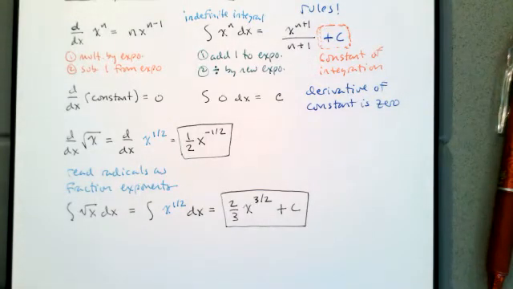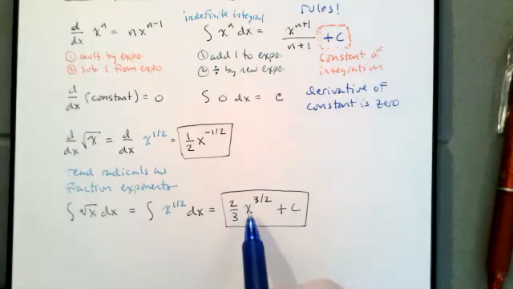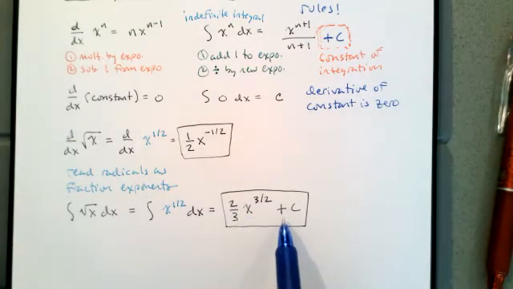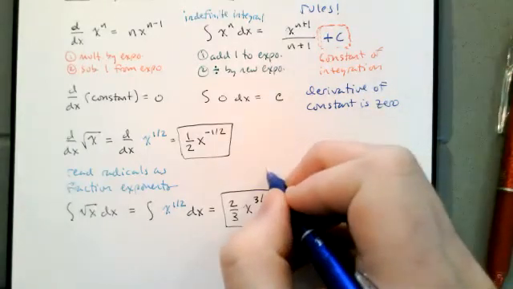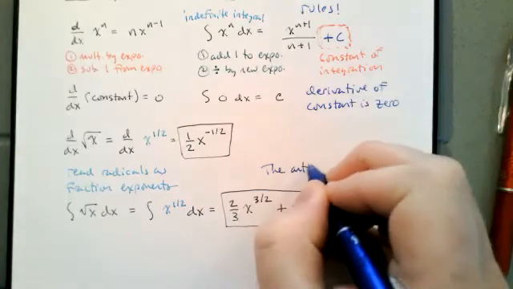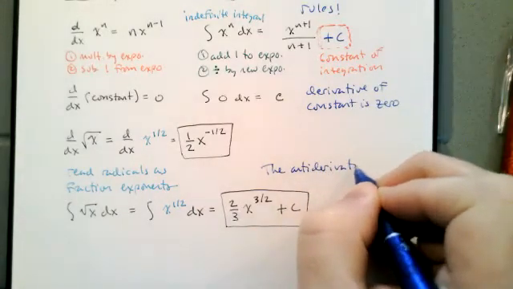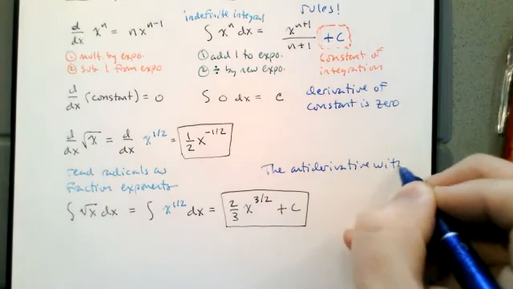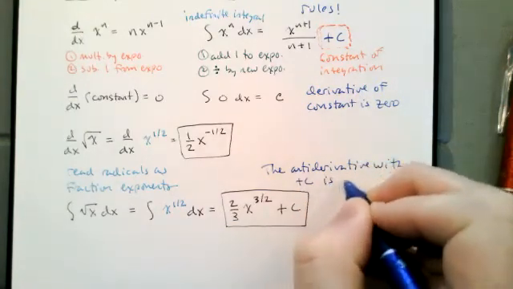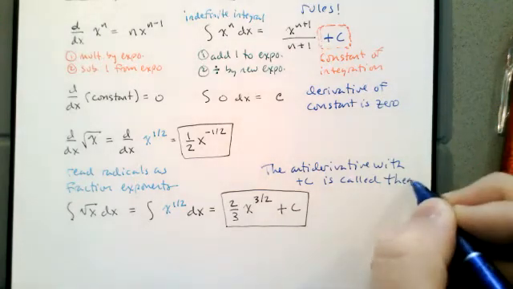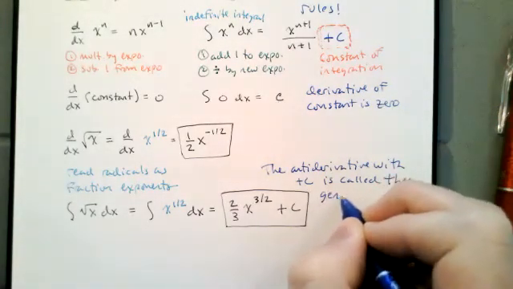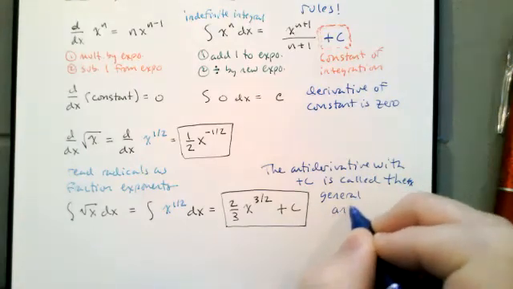So more terminology, because we mathematicians, we love our terminology. When we write the antiderivative with a plus c, we refer to this as the general antiderivative. The antiderivative with the plus c is called the general antiderivative.